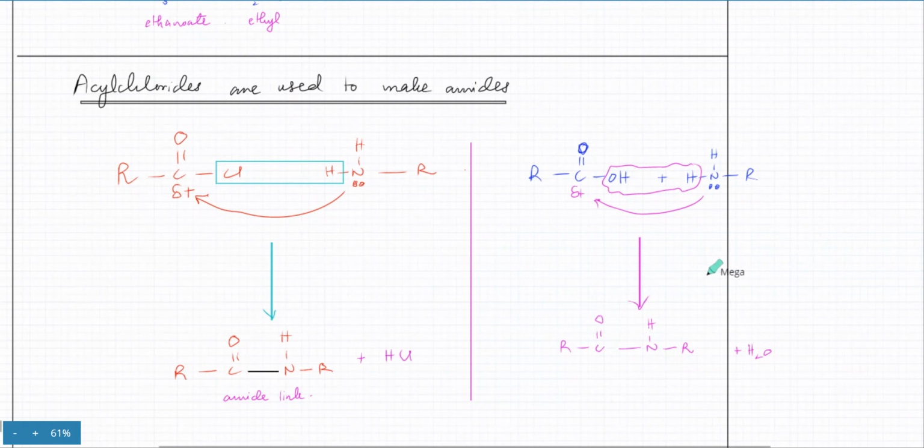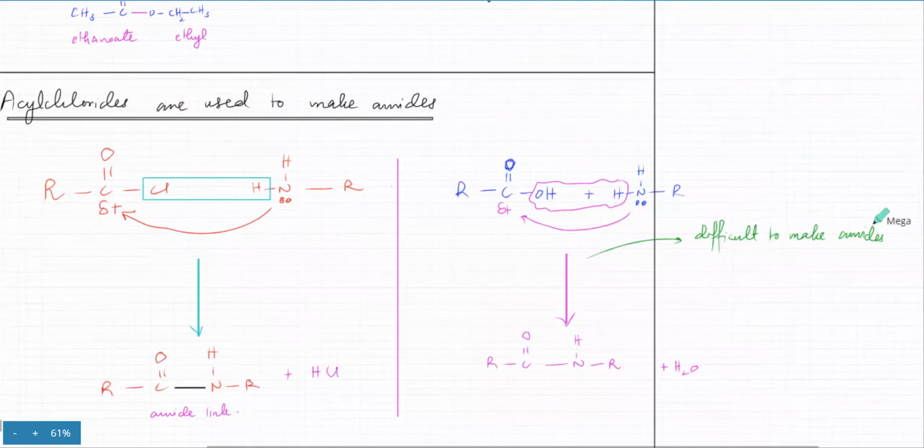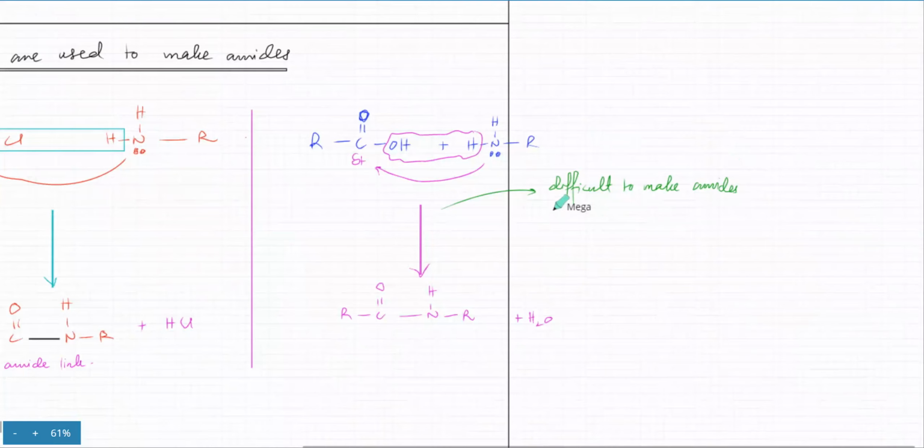I was explaining the problem with carboxylic acid: it's difficult to make amides with carboxylic acids. The reason is that carboxylic acids are acidic.